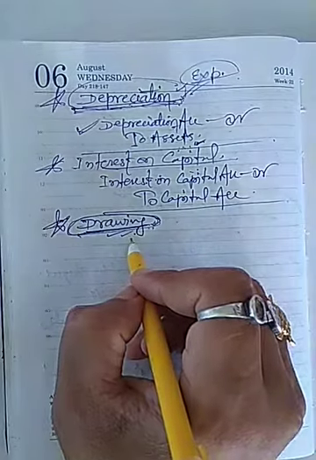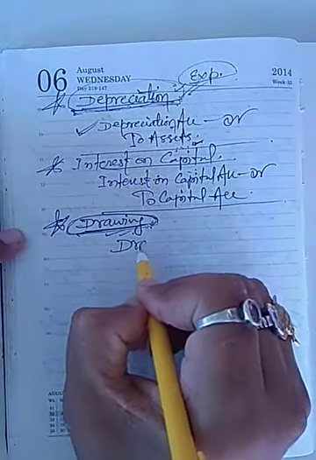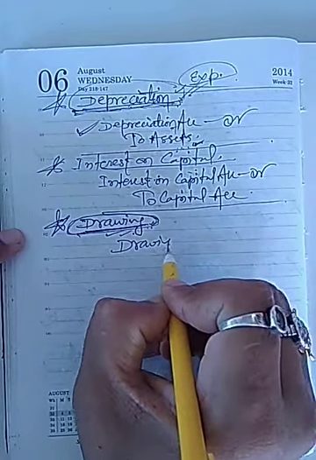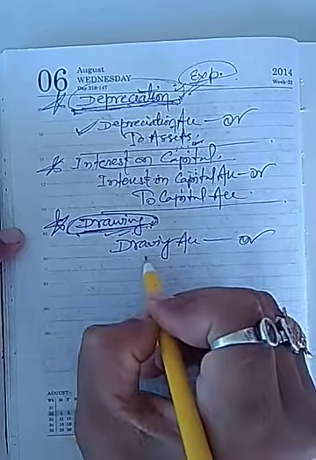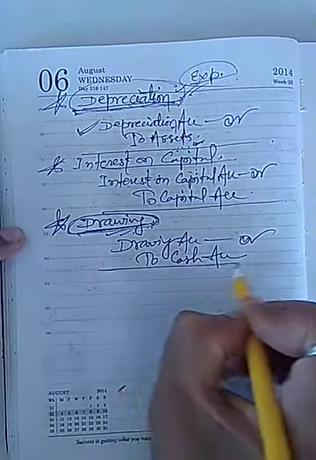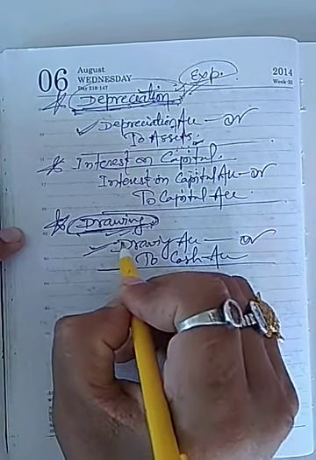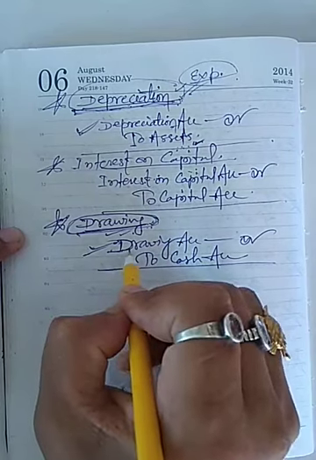So in this case, the journal entry will be drawing account dr to cash account. Cash is going and drawing is made by the owner, proprietor.